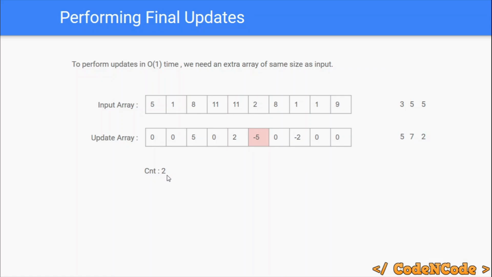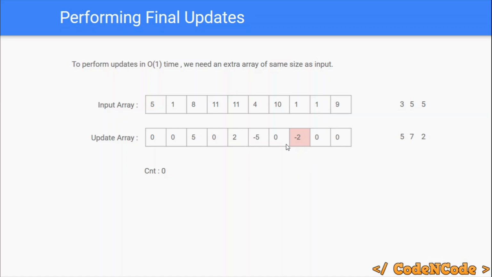So count becomes 2. So 2 would be added to the current index, so it would become 4, and it is being added because of this update. Now we move on to this index, add 0 to count, and then add count to the original array, it would become 10. Now we move on to here, we add -2, the count becomes 0. Why do we add -2?